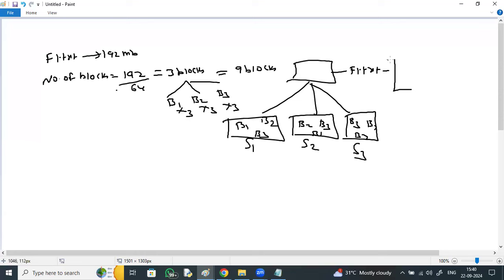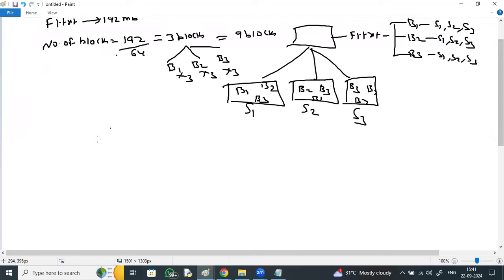F1.txt into how many blocks? B1, B2, B3. B1 is stored in S1, S2, and S3. B2 also is stored in S1, S2, and S3. B3 also in S1, S2, and S3. Now, this is how data storage works.